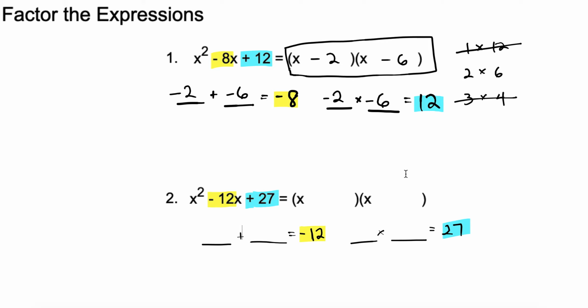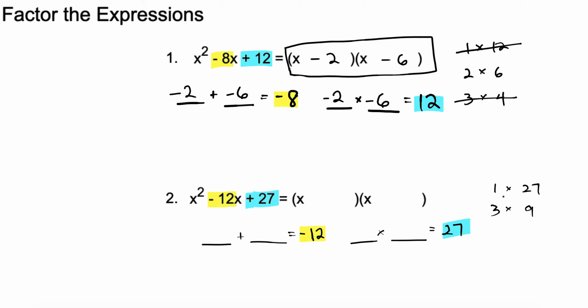Like I said earlier, I like to just make a list of all the factors of 27. So I have 1 and 27, 3 and 9. I think those are the only numbers that multiply up to 27.